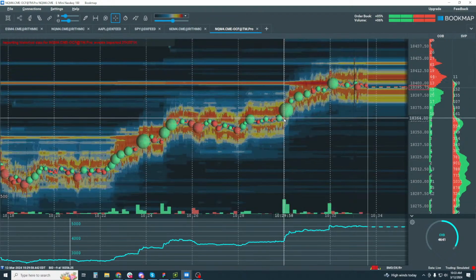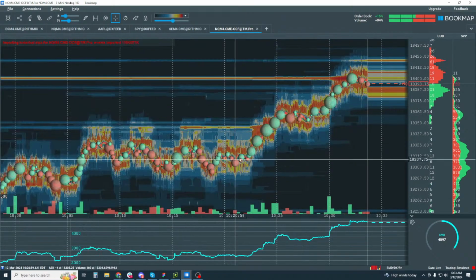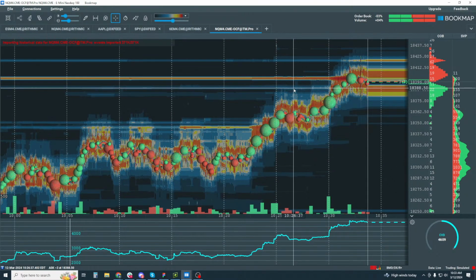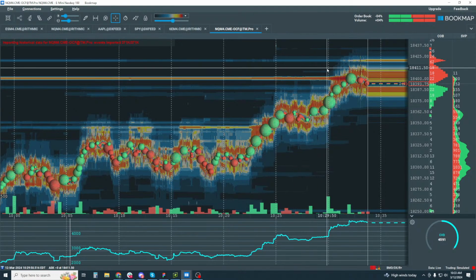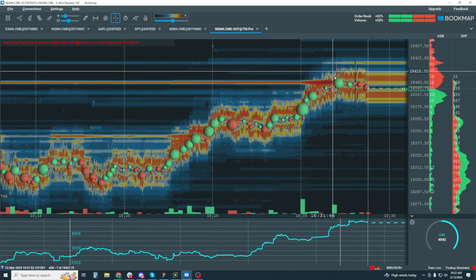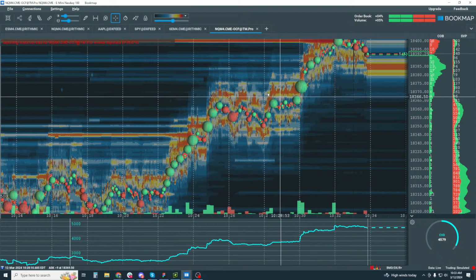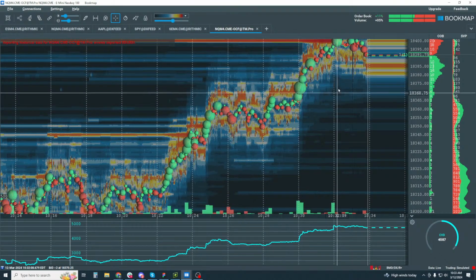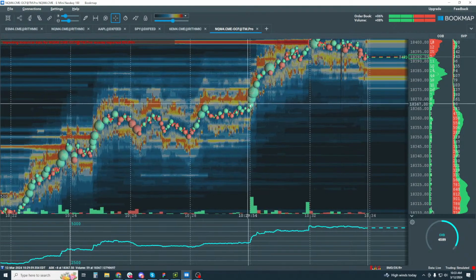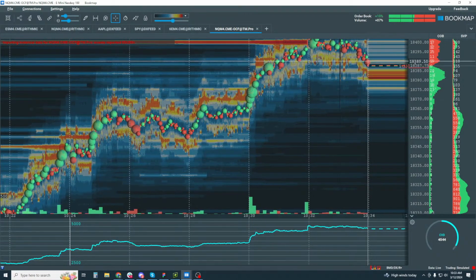But we'd have to filter out some more, which is fine. Yeah, this is still in rollover period, basically. Some of it for sure. And so that's just the condition of the orders right now.